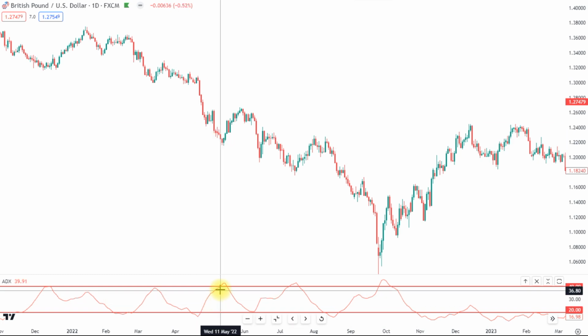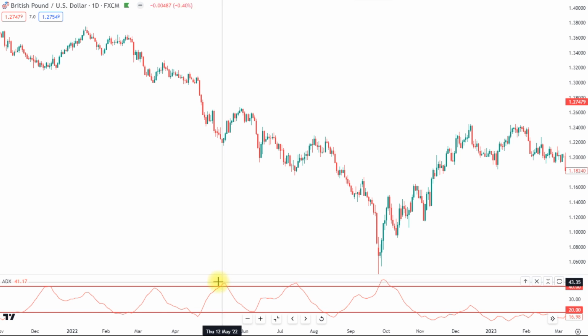Here, when the ADX is coming above 40, this is an indication we are already in a really strong trend and the trend may end soon. So above 40, we have to pay attention that the trend movement may end soon.